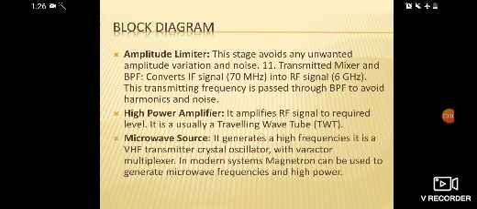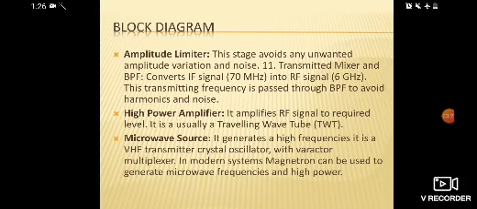And this transmitting frequency is passed through the BPF, that is the band pass filter. It is used to avoid harmonics and, at the same time, noise. Okay, this is the amplitude limiter and the transmitter mixer and BPF.